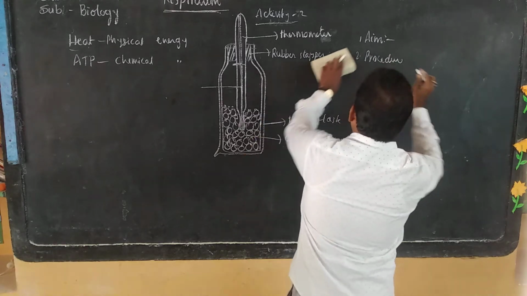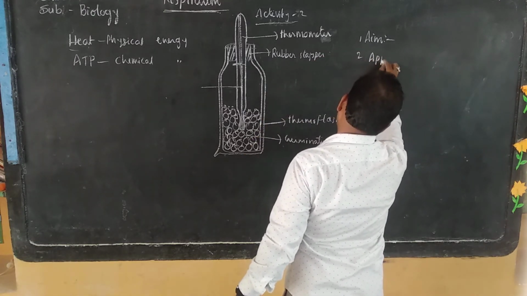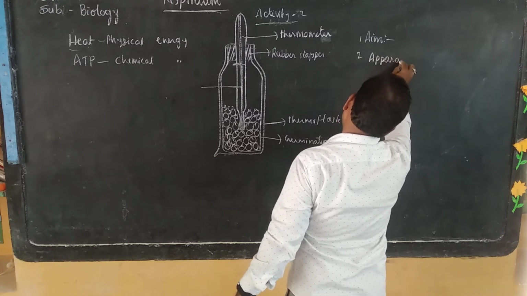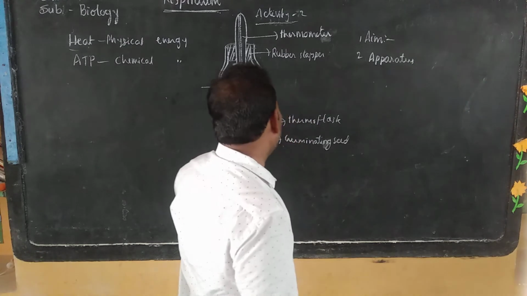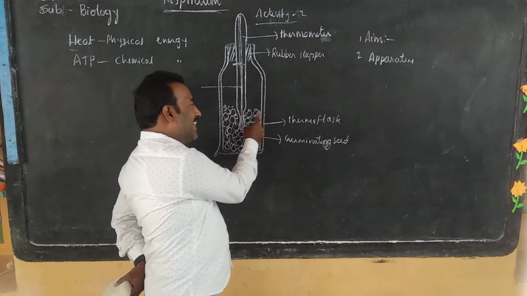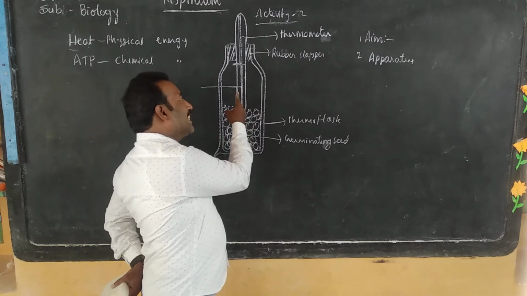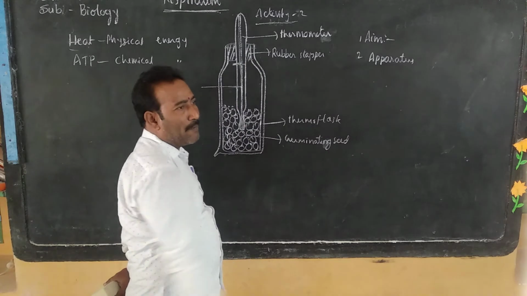Next slide heading is the apparatus or required materials. What are the apparatus and required materials? Apparatus are thermoflask, germinating seeds, thermometer, single hole rubber stopper.